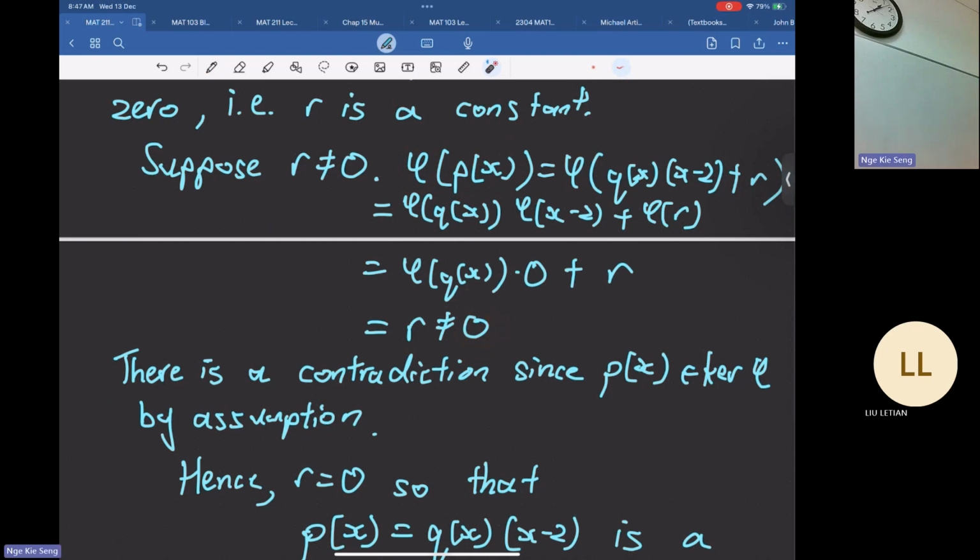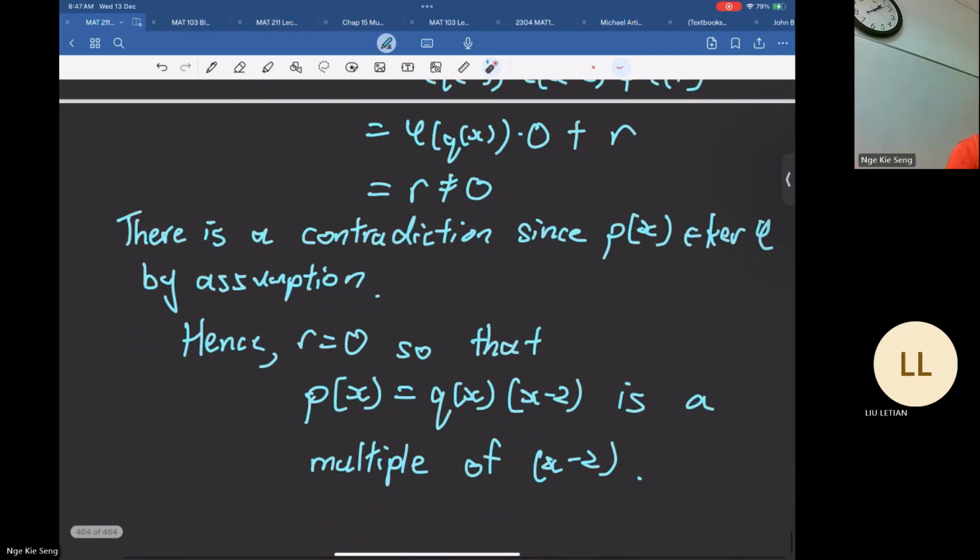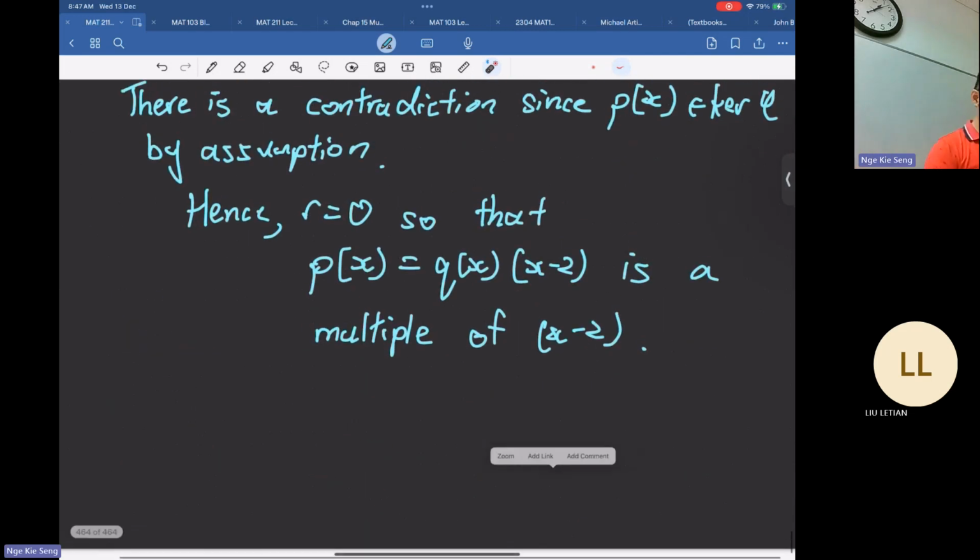But we assumed that p(x) is in the kernel of phi. So it cannot be true that r is non-zero. Okay? Happy?